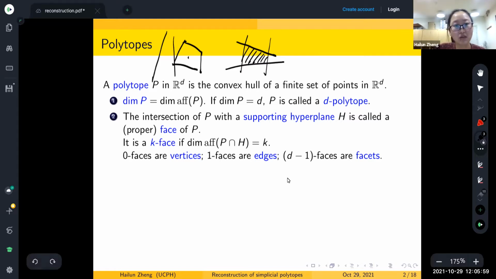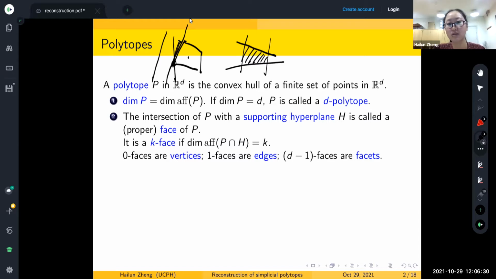In the previous case, the intersection of this hyperplane with the polytope is basically the empty set. But in some other cases, the hyperplane will hit the polytope, say at a point, or along a line segment. If that is the case, we call this hyperplane a supporting hyperplane. And the intersection of this polytope P with this hyperplane is called a face.